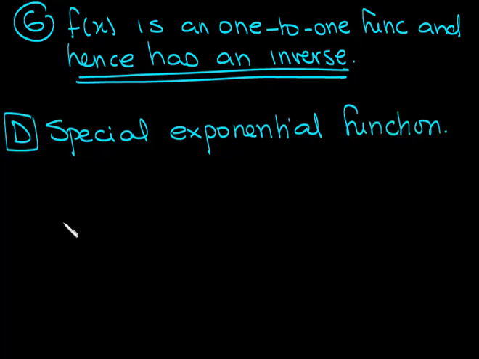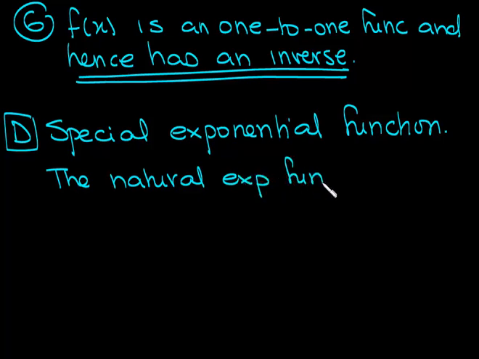Okay, there's one function that's a special exponential function, and we call that the natural exponential function. It's denoted by f of x is equal to, where the base is e, to the x.